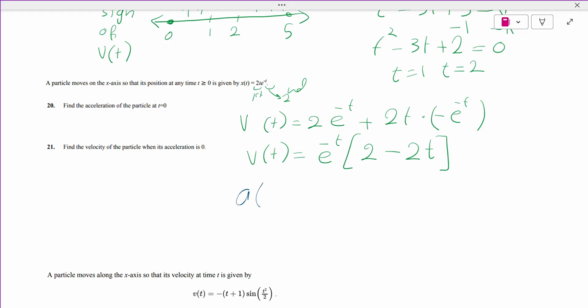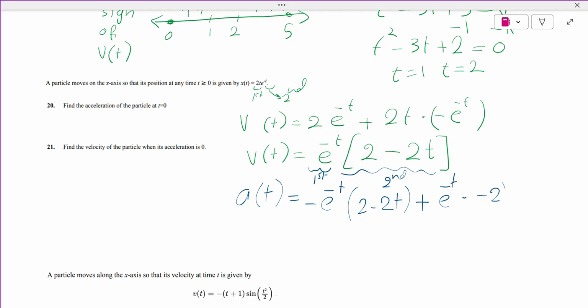So A of t is, again, this is the first, and the whole bracket is the second. Differentiate the first, leave the second, plus leave the first, differentiate the second.